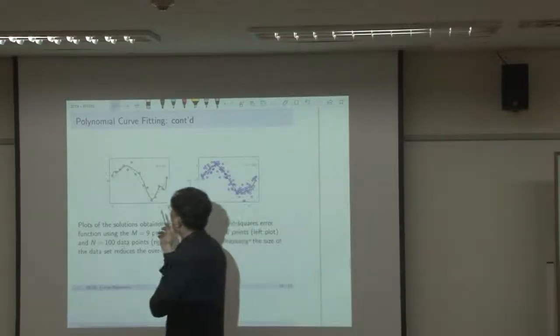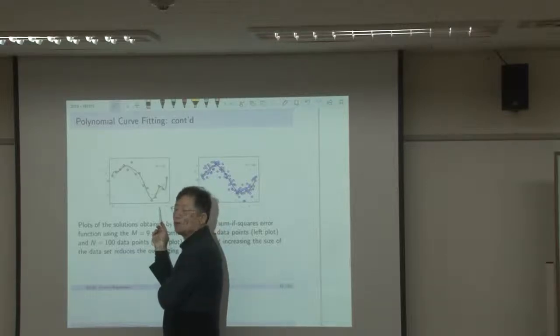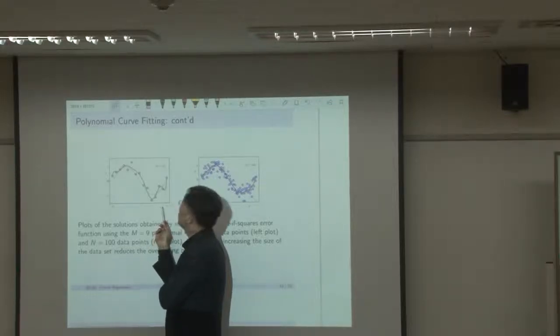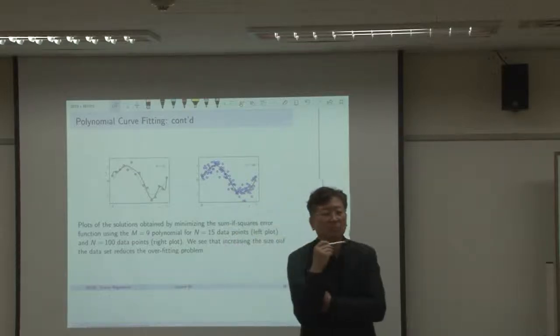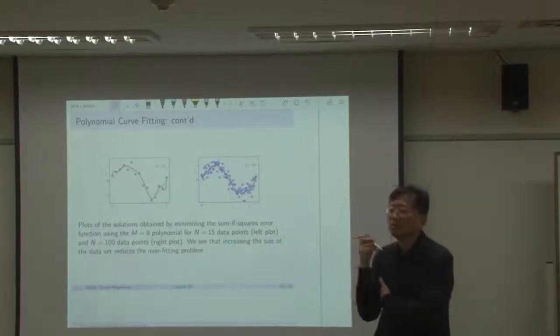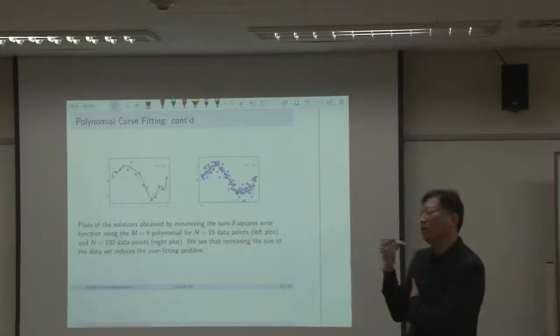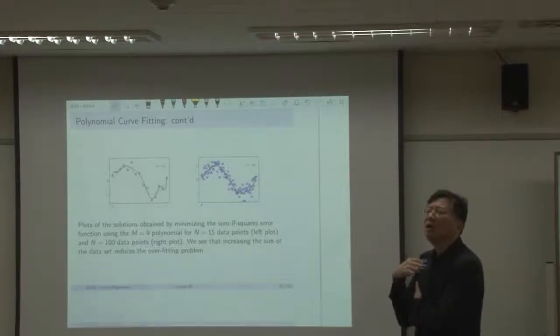This is a situation with how many data? 15. This is 100. So, overfitting, what can you say from this? It depends on how much data you have.